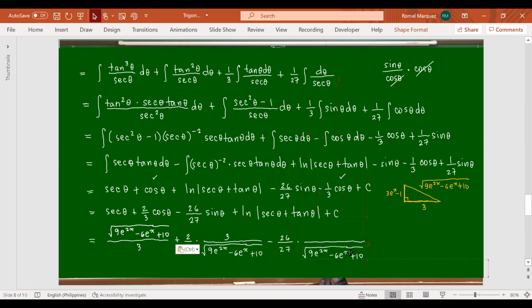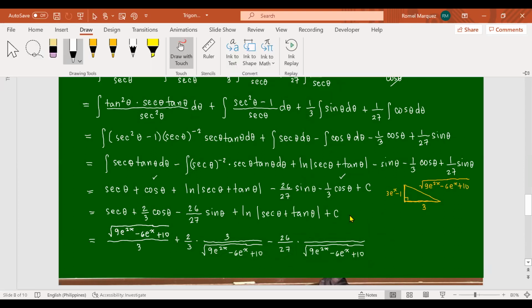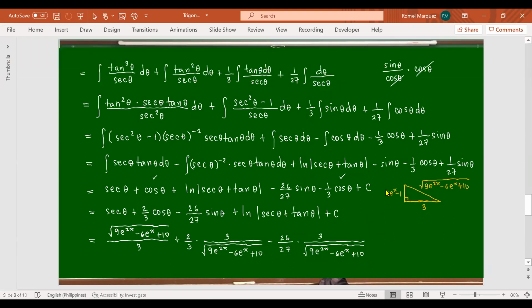And then we have in the numerator this, sine, so sine opposite over, if this is my theta, e to the x minus 1. And then finally, ito na lang, ln of secant. We have that secant already. Secant plus tangent. So secant, this over this. Tangent, this over this.